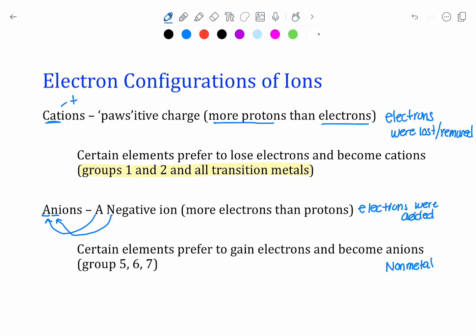So that would be our nonmetals in groups 5A, 6A, and 7A. I'm using my A notation there. So groups 5A, 6A, 7A, or 15, 16, and 17. They prefer to form anions, so they have a really high electron affinity. They'd want to take on those electrons.